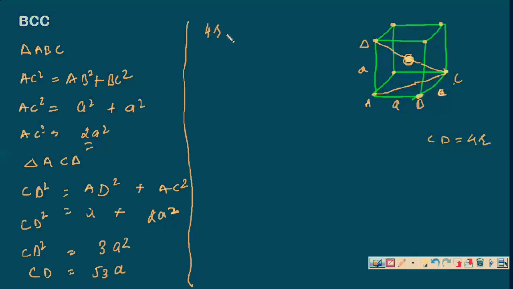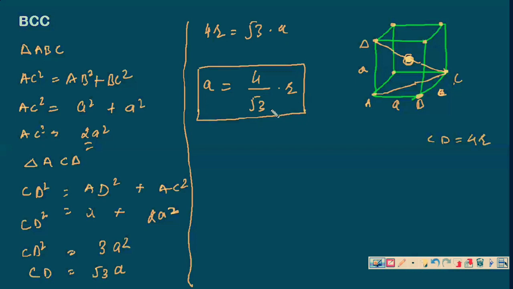So 4R is equal to root 3 into A, and A is equal to 4 upon root 3 into R. So this is the relationship between the radius of a sphere and the edge of the unit cell of BCC, body centered cubic cell.